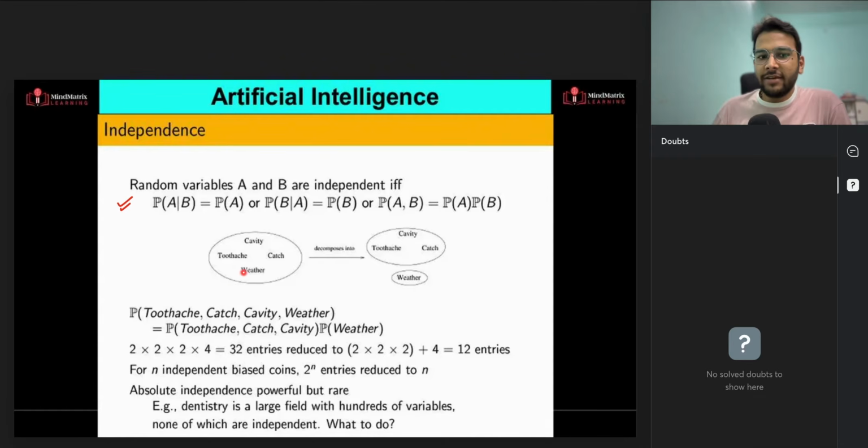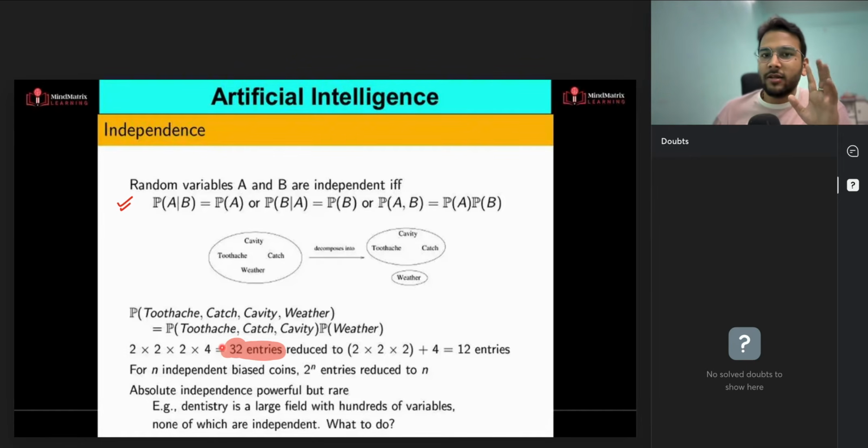Sumit, weather can have 4 values, right? We have already considered sunny, cloudy, rainy, and snowy. And cavity, toothache, and catch can each have 2 possible values. So 2 into 2 into 2 into 4, that is going to be 32 entries.